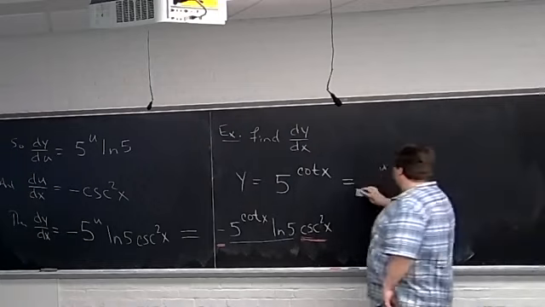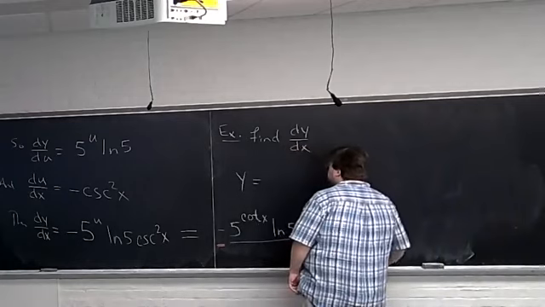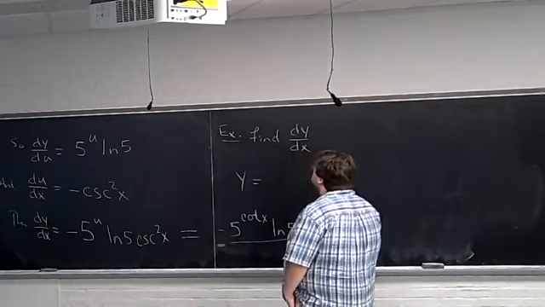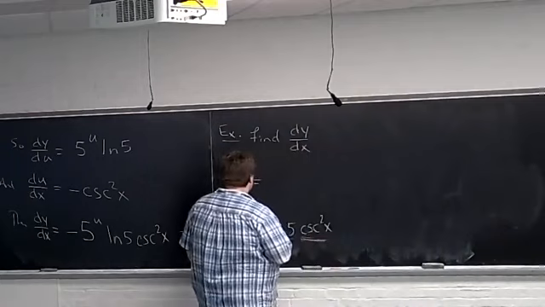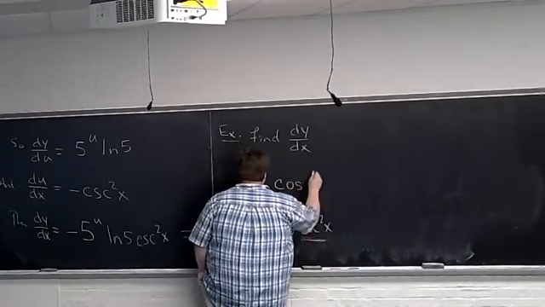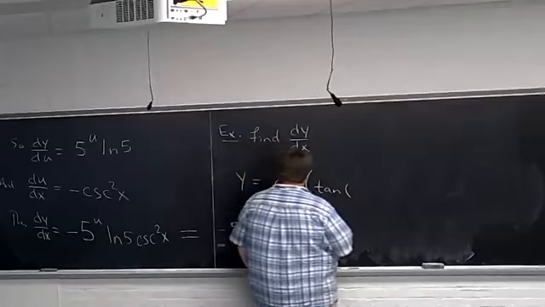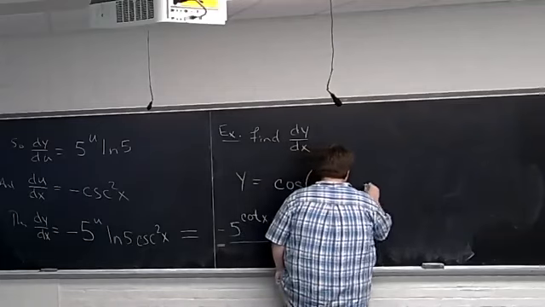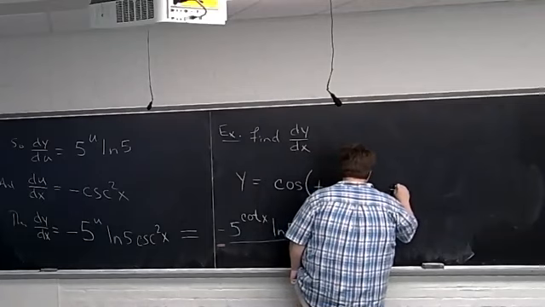Let's do one more. Find dy dx for, how many negatives do I want? Let's do cosine of tangent of, let's just do x to the 5th minus x to the negative 2.